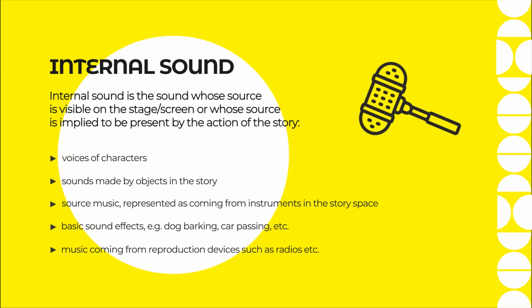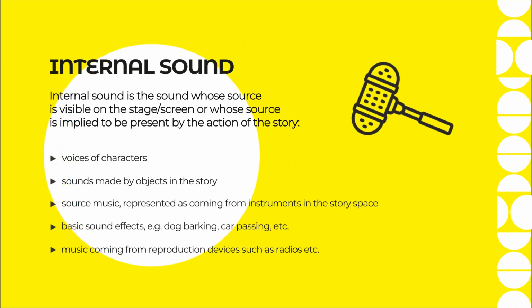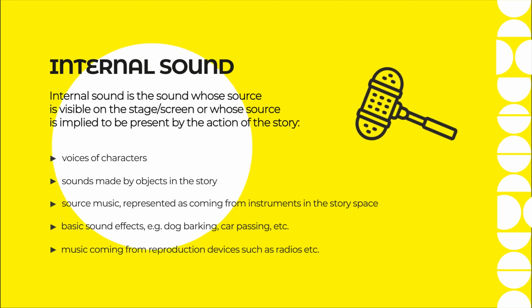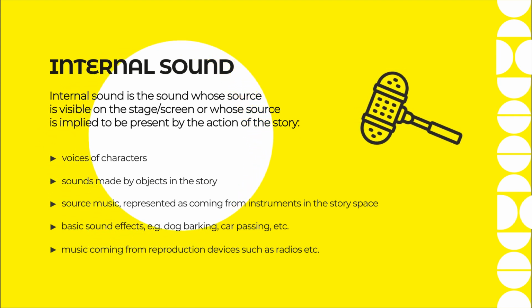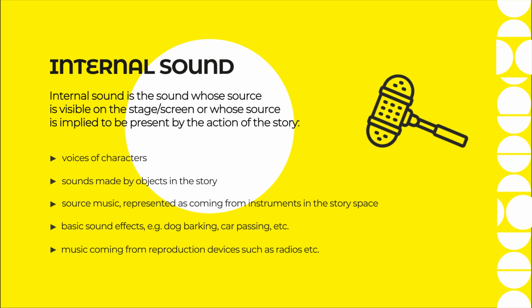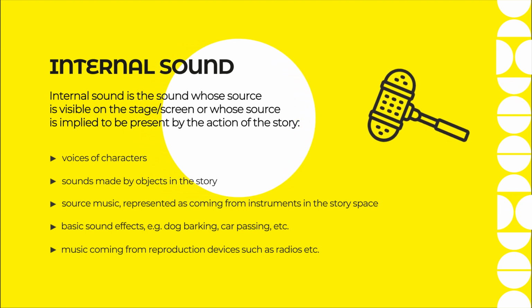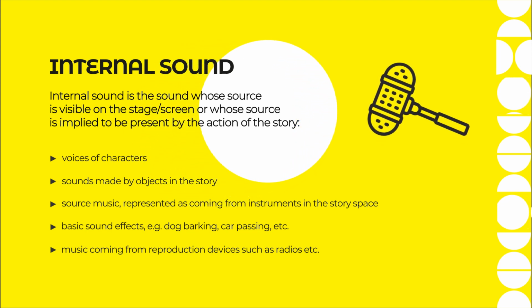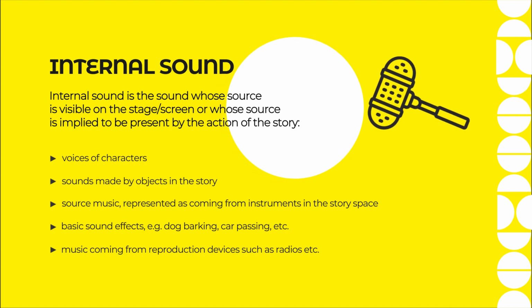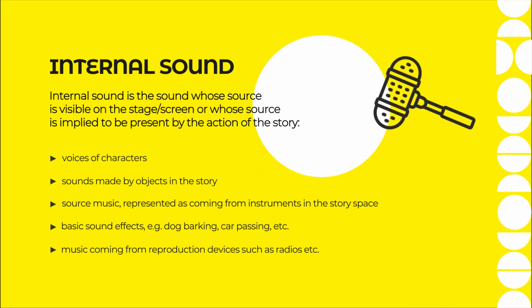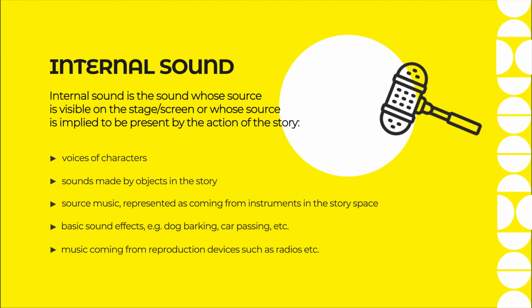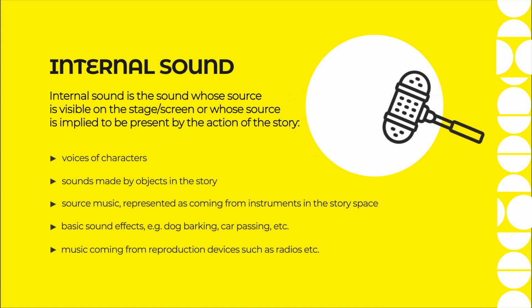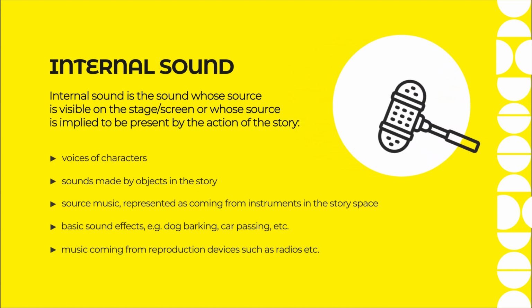The inner sound also includes an orchestra that plays in the story, for example, the Titanic orchestra in the relevant film. Basic sound effects, for example, a dog barking, etc. Finally, internal sounds include the sounds produced through some medium. An example is a radio that the film's protagonist listens to.